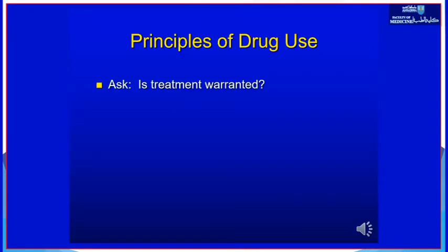So the principles of drug use. We, first of all, have to ask ourselves, is treatment warranted in the first place? For example, elderly patients commonly complain of constipation. So before jumping into giving laxatives, look at the causes of constipation in the elderly.